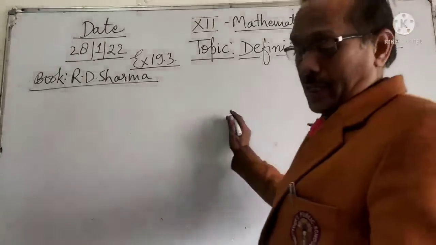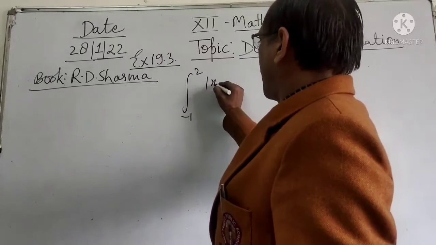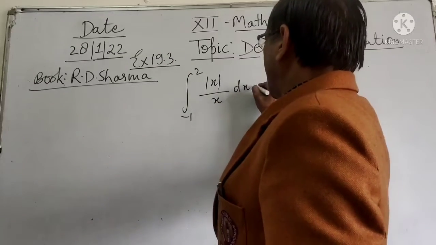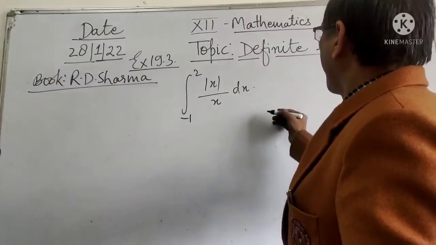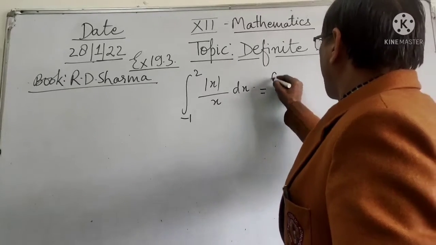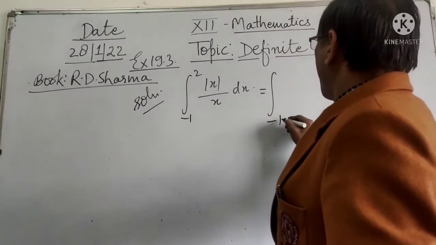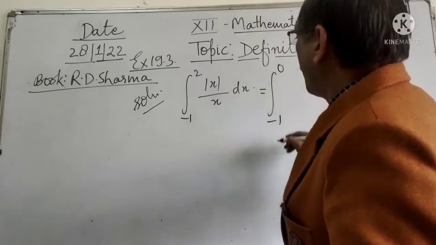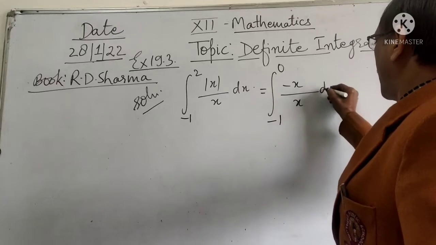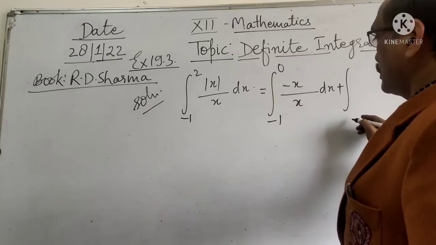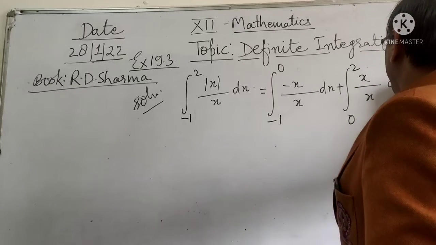Now the next question is integration minus 1 to 2 mod x upon x dx. Dear student, mod x upon x is a signum function, and it is minus 1 to 0, minus x upon x dx, plus 0 to 2 x upon x dx.